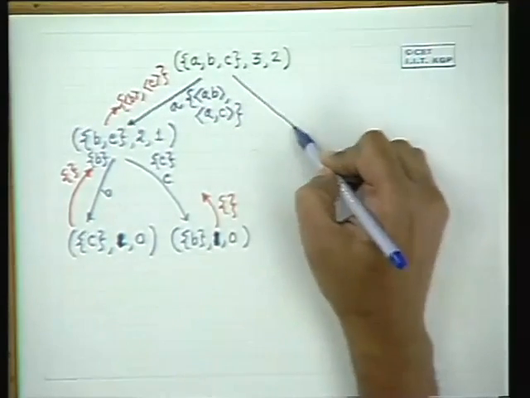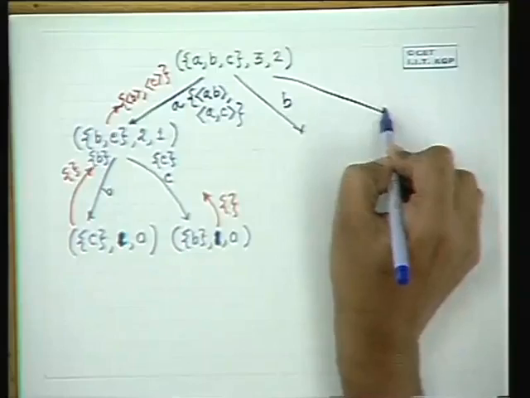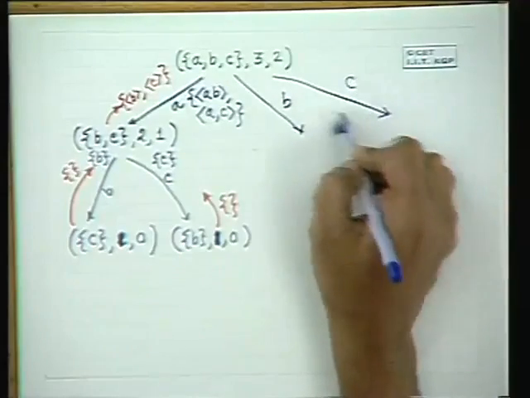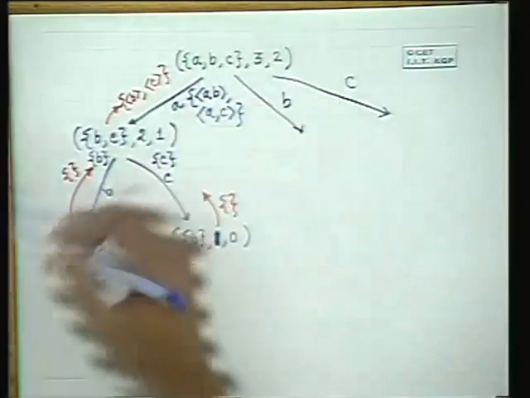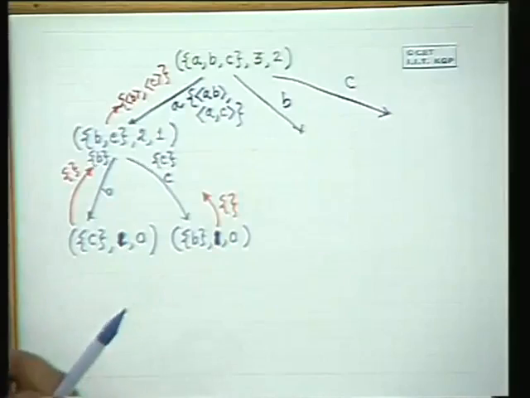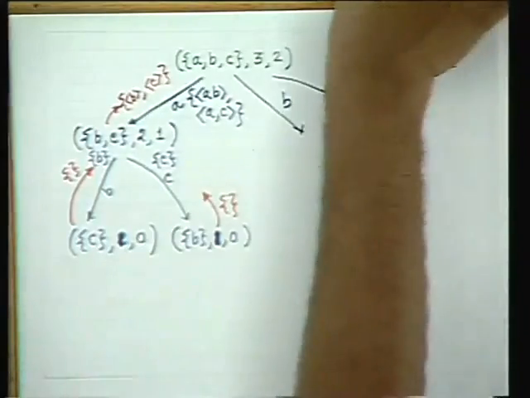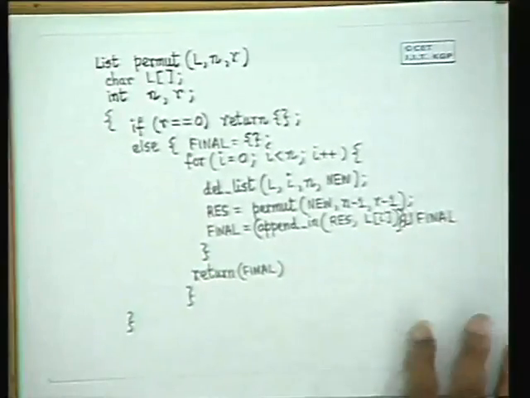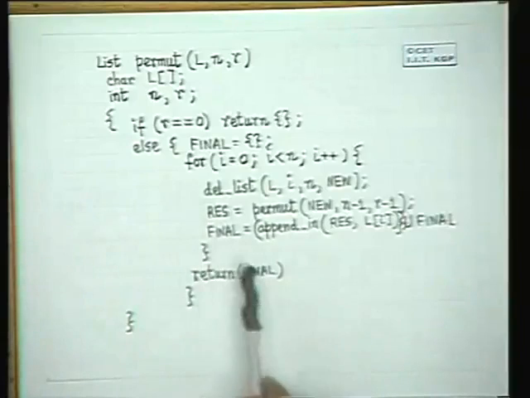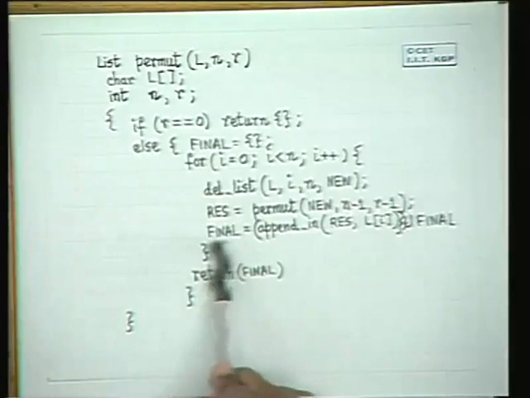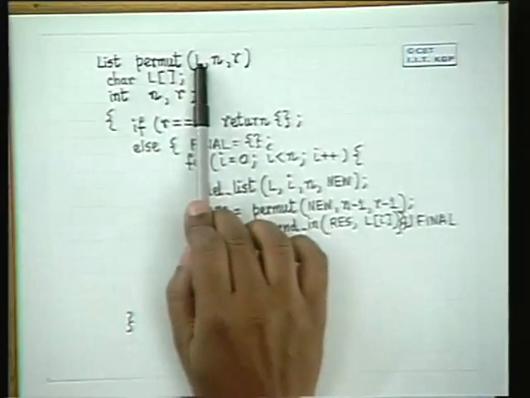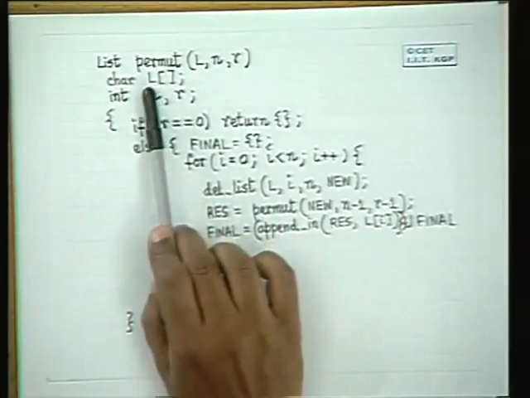Similarly, you call it with B, and similarly you call it with C, and you get the three results this way, and you combine it. This was the idea which we had. So this is the program in some sense, but still we have not been able to declare this data structure final. We have been able to declare this array as a character array and a string.